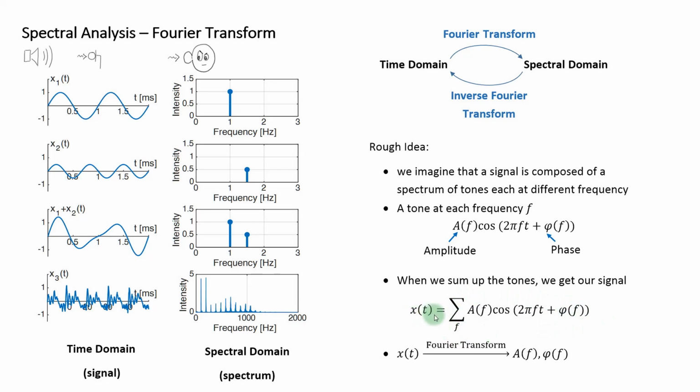So now I can say that my signal is composed of these tones, of these frequencies. And what the Fourier transform does, the Fourier transform takes my signal, and from that signal it will tell me what are the amplitudes and phases of those individual tones. What are the amplitudes and phases at the individual frequencies?